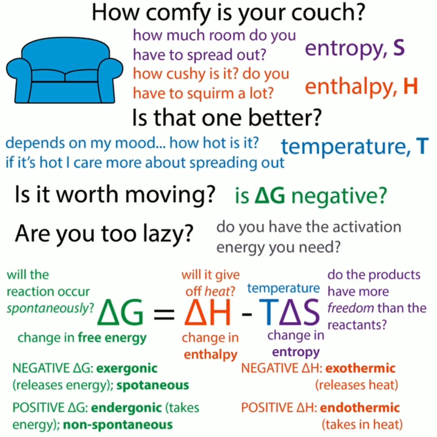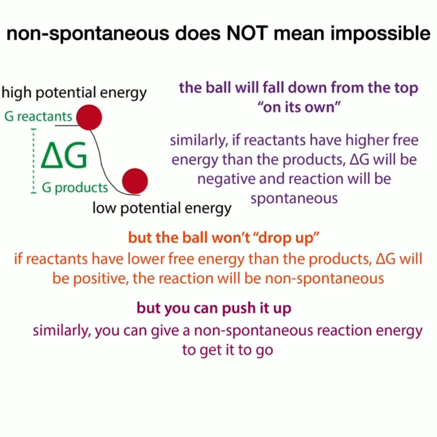But if you have negative delta G, that means spontaneous, but non-spontaneous does not mean impossible. You could think of a bowling ball at the top of a ramp. At the top you have the energy of the reactants, and at the bottom the energy of the products, and then the delta G is the change in energy.